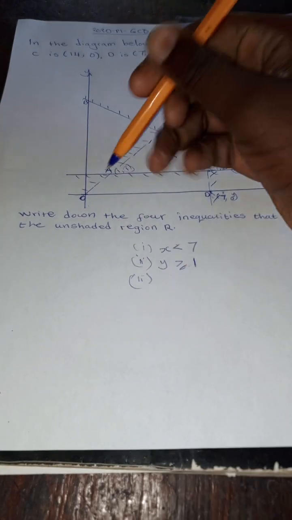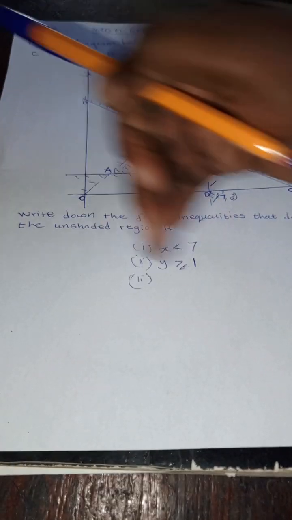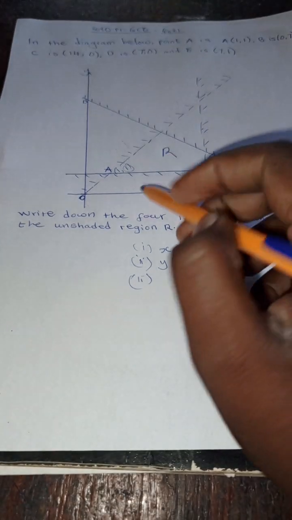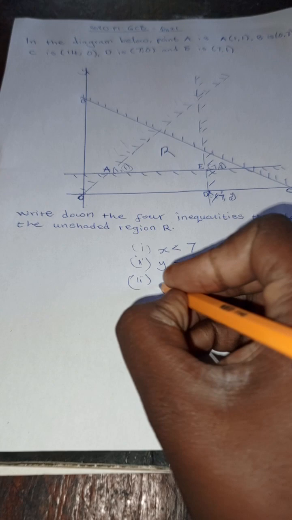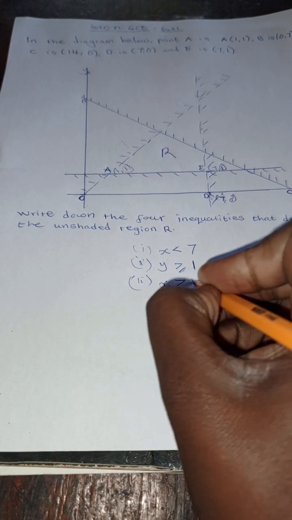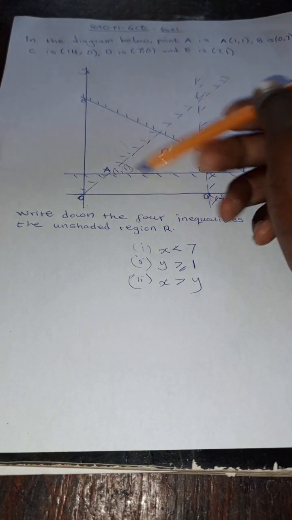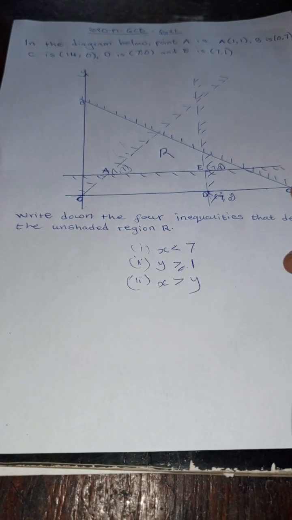Then the unshaded side is where x is greater. So the unshaded part is x is greater than or equal to y.